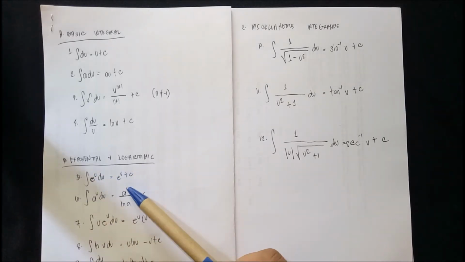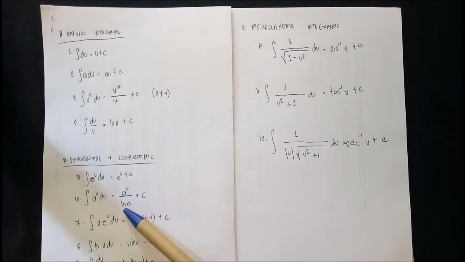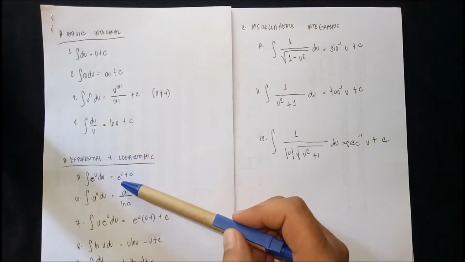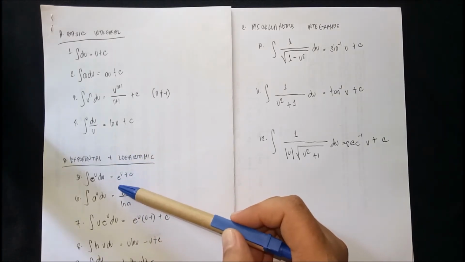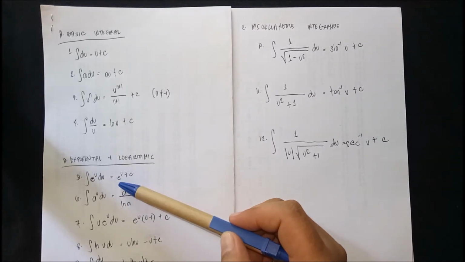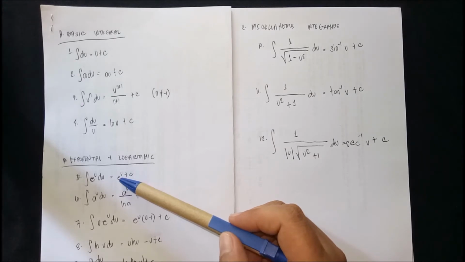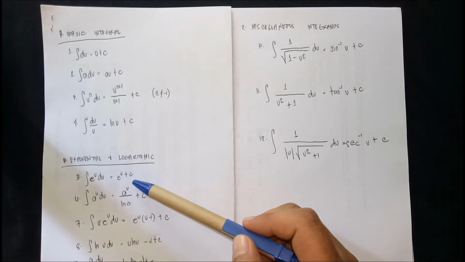The same is true here: a to the u over ln a. The original equation actually has ln e here too, but if you try it on the calculator, ln e is just equal to 1. So e to the u over 1, we can just disregard the 1, and this is the resulting equation.